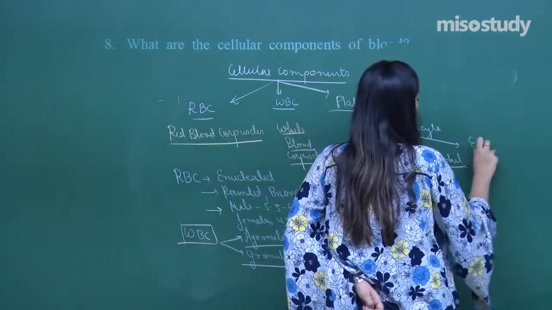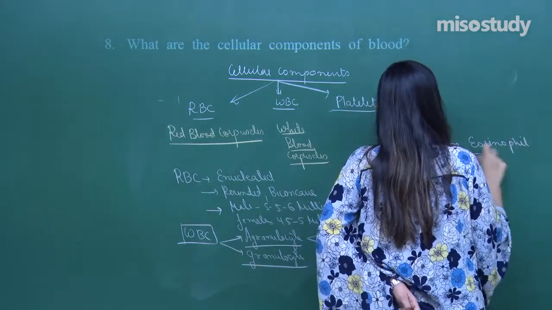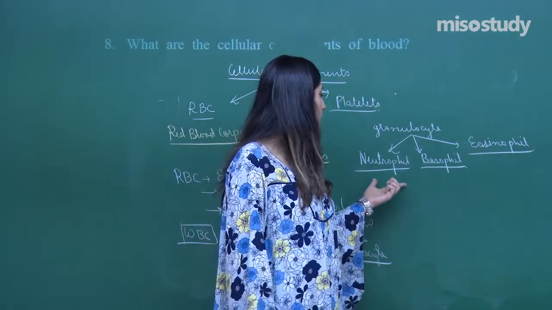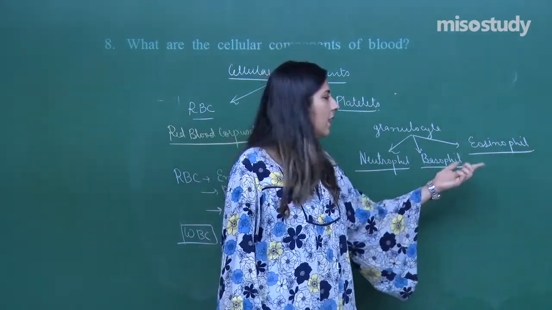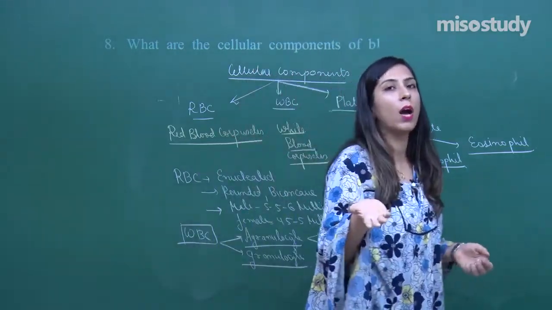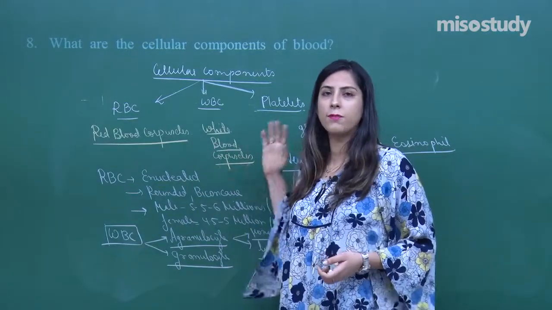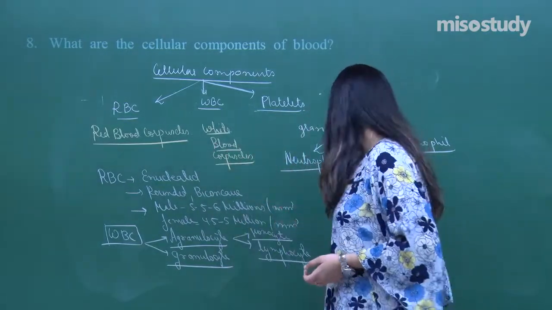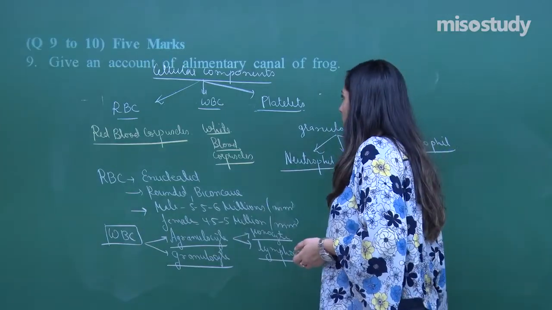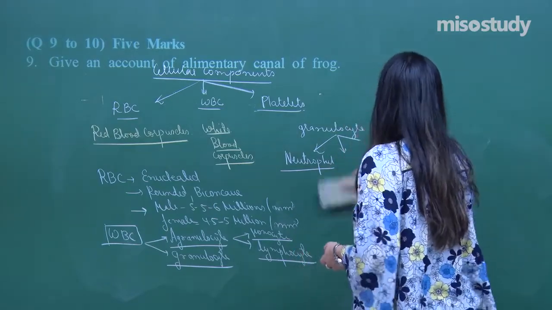Third one is called eosinophil. Neutrophils can be stained with a neutral dye, basophils with the basic dye, and eosinophils with the acidic dye. So these are the further three types that you have to explain: blood, RBC, WBC and the platelets, different types, etc. So this, as it is of 3 marks, you have to explain in a bit of detail.